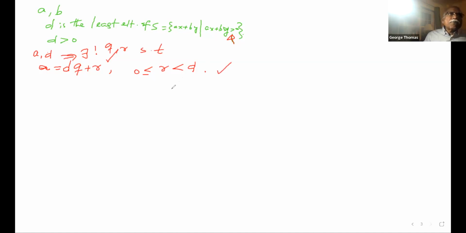Now, we are going to prove that R is in fact 0. If R is 0, what would that mean?